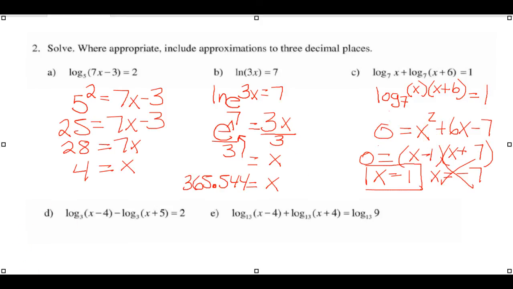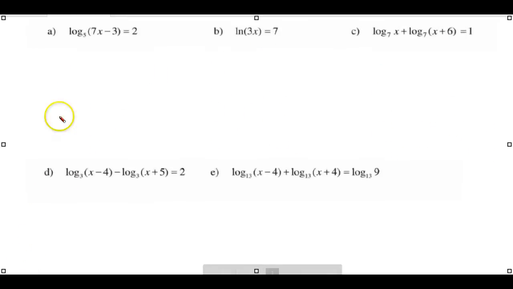Okay, we're almost finished with the lecture. Now for letter D, we'll convert it to its condensed form up here. So log base 3, and we have a subtraction, so that means this will be a division, x minus 4 over x plus 5, and that's going to equal 2.